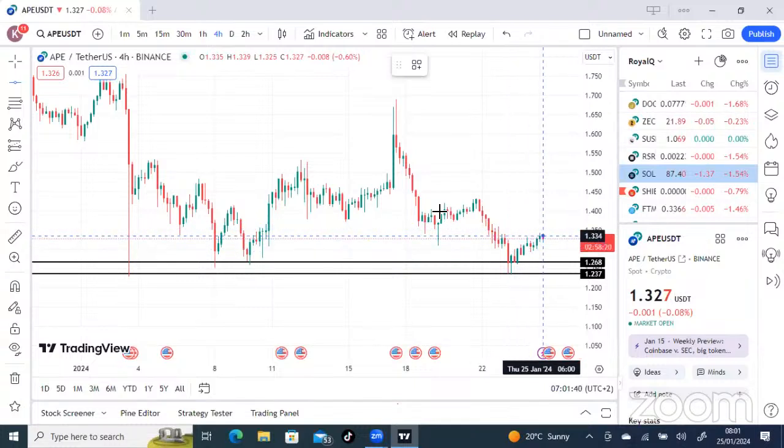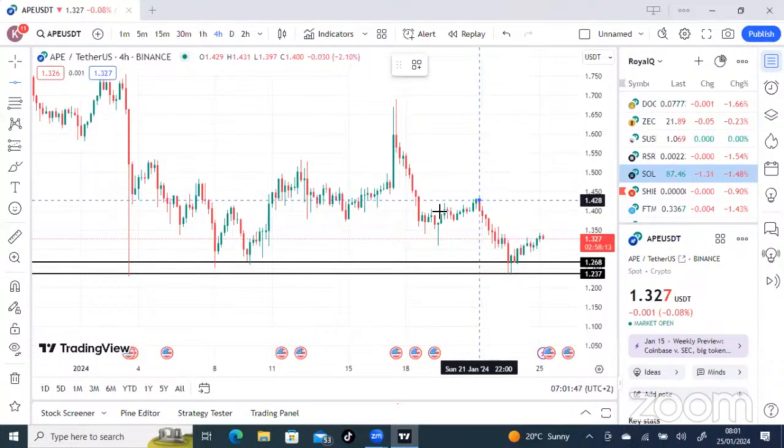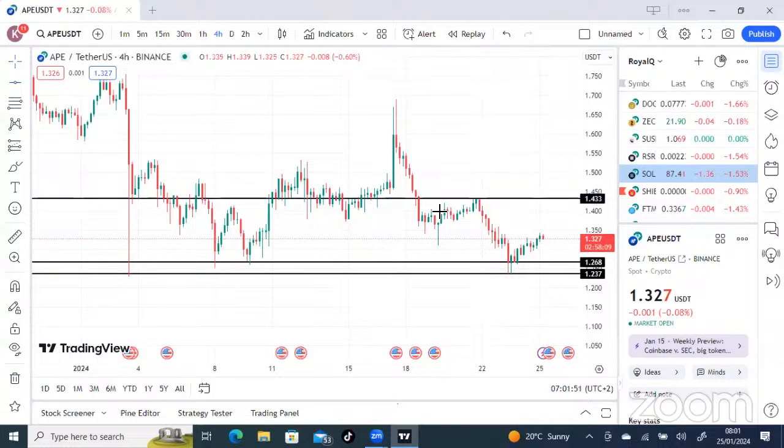Now you look above from the current price, guys, and then you look above where the market was resisted, and this was the resistance. That was the nearby resistance where the market was resisted in that area.